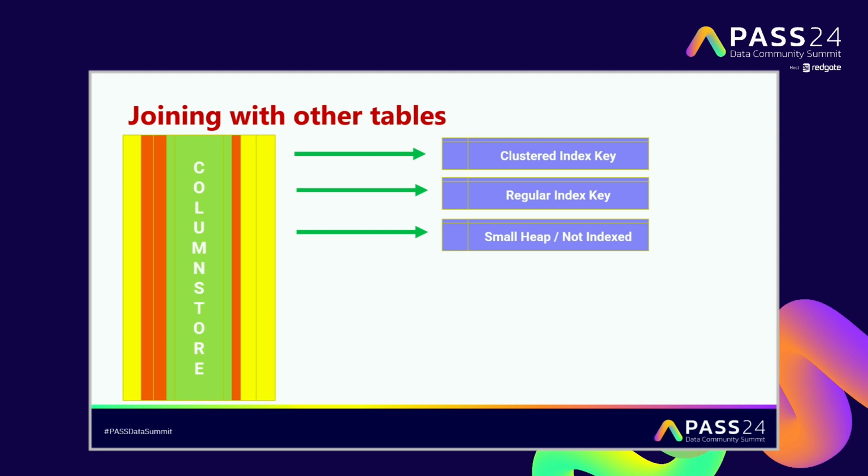But if it scans the big one and then looks up the small one, it will still work. It will most likely create a hash join, and then all the data from the small table will be in the hash table, and the big one will be scanned through.